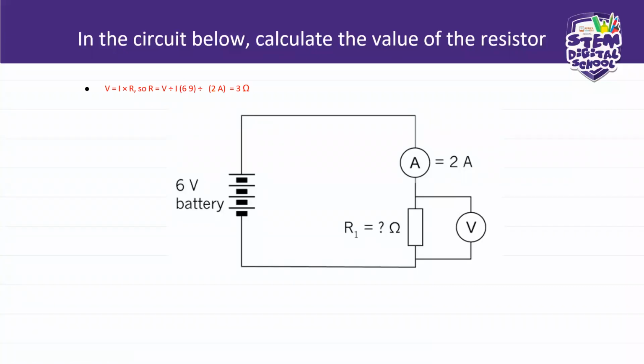That is 6 V. This 9 is supposed to be a V, I'm sorry about that. 6 V divided by 2 A gives you 3 ohms. So the value of your resistor will be 3 ohms.